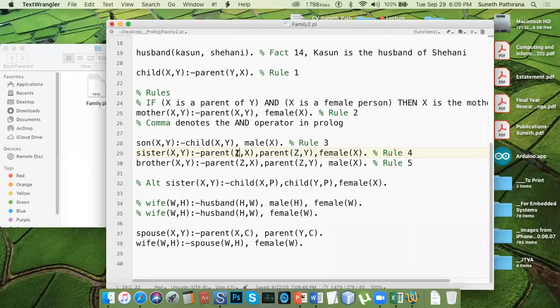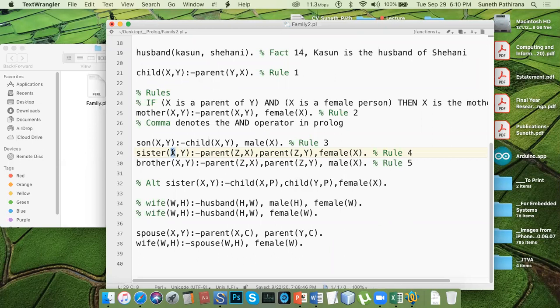So the requirement is Z, the common parent of x and y. The same parent Z is shared among x and y. That is how they become sisters, or sister and brother. That's all. This y can be another female person, that means a sister of x. Okay, if x is a sister of y, then y can be a sister of x, but it's not always.